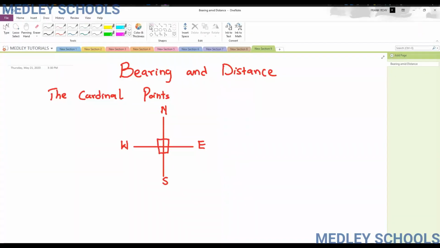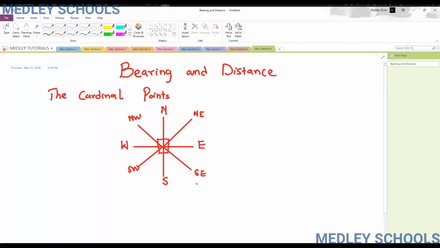Now we have the secondary directions. The direction between north and east is northeast. The direction between south and east is southeast. The direction between south and west is southwest, and the last one, the direction between north and west, is northwest.